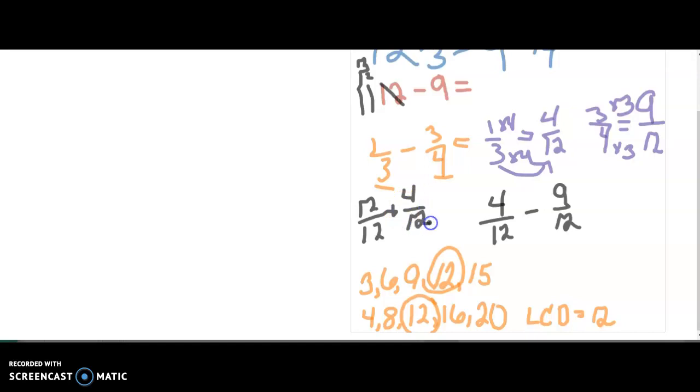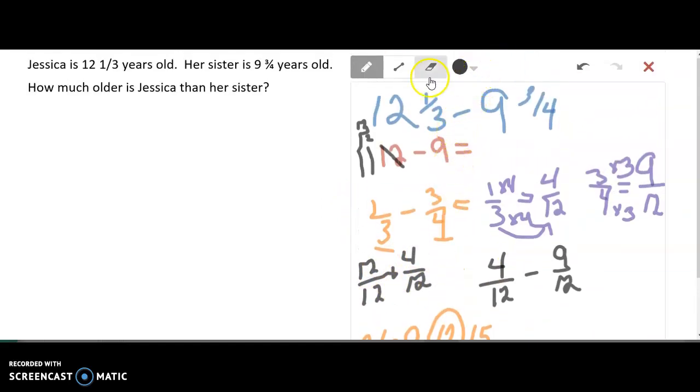So 12 plus 4 is 16, and we keep our 12 as the denominator, so let me change my numerator to 16. After doing some regrouping, now I can subtract 9 from 16. That gives me 7. So my new numerator is 7, and I keep my denominator at 12. 7/12 is a good fraction.